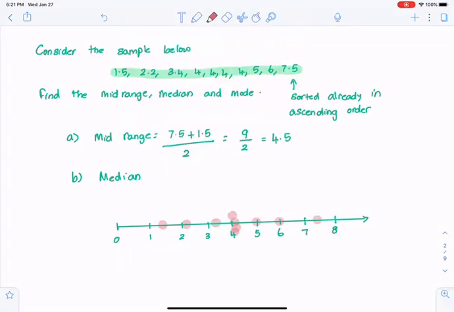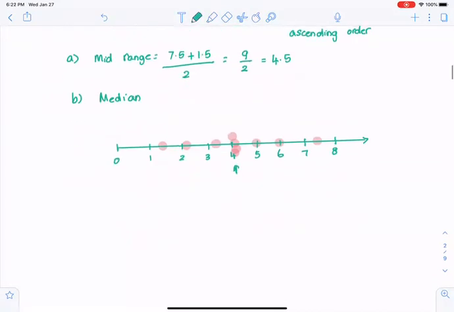The mid-range tells us the center has to be right here. Now, the median should split the observations into 2 halves. If I write the data out: 1.5, 2.2, 3.4, 4, 4, 4, 4, 5, 6, 7.5.